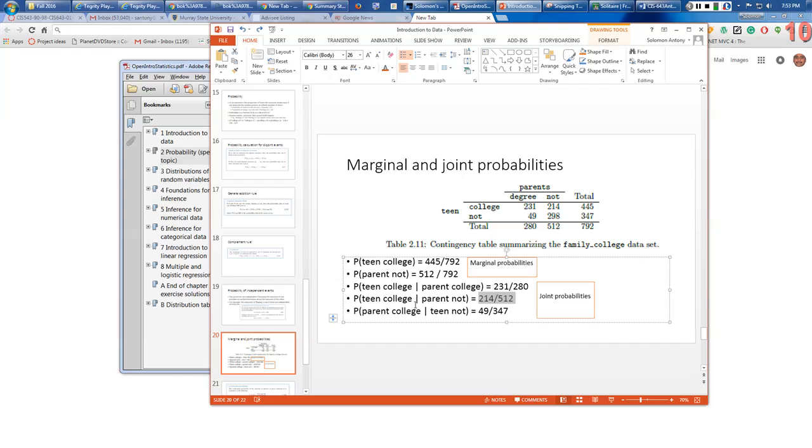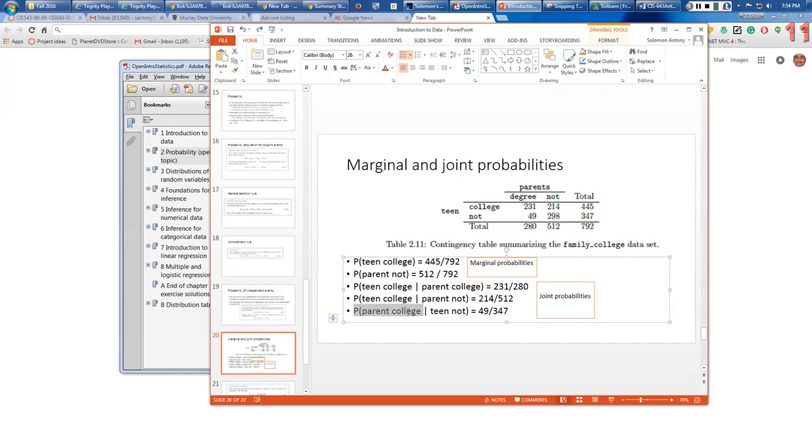You can also look at it another way. What is the probability of parent attended college given the teen did not attend college? In this case, you look at the row total for teen not, which is 347, and that goes to the denominator.